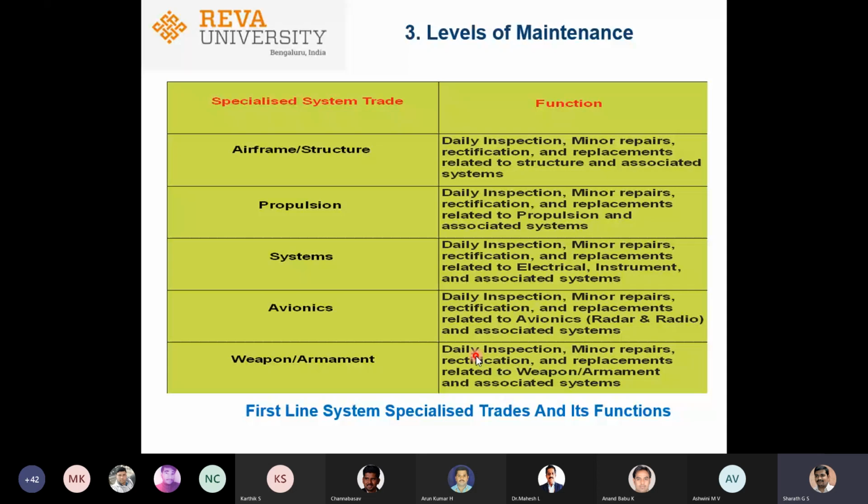This trade is available only with the military, wherein the tradesmen or engineers fit weapons in the weapon installations of the aircraft. They may be fitting bombs, missiles, launchers, laser guided bombs, and so on and so forth.